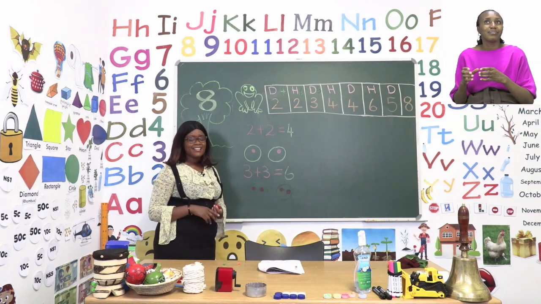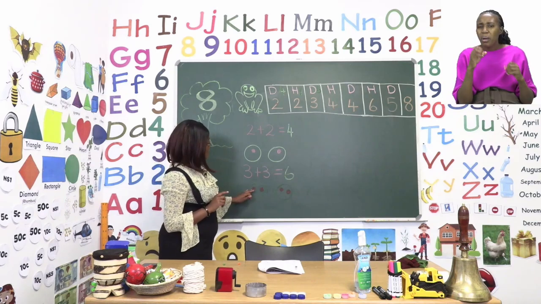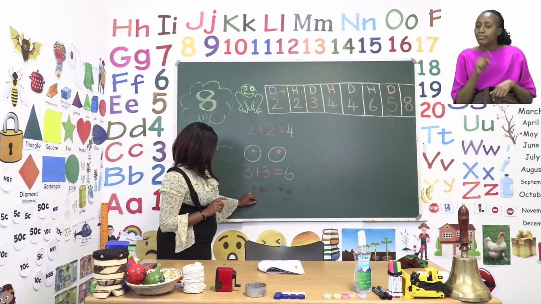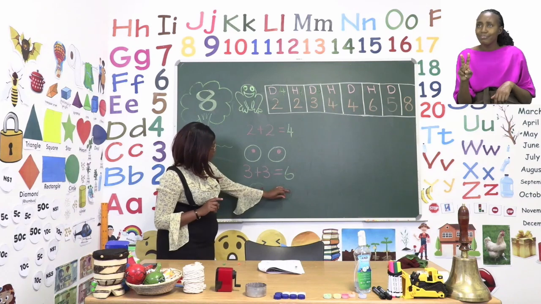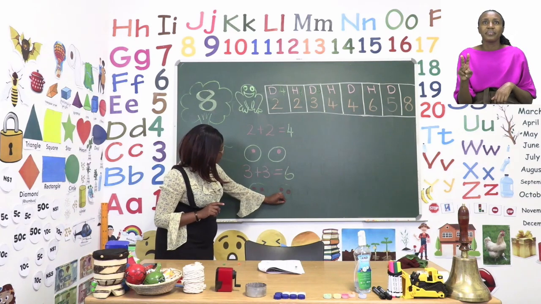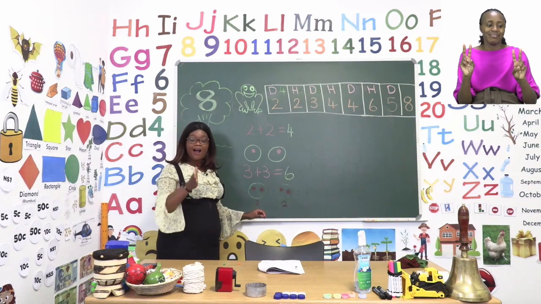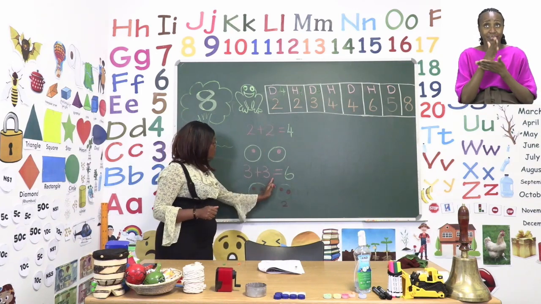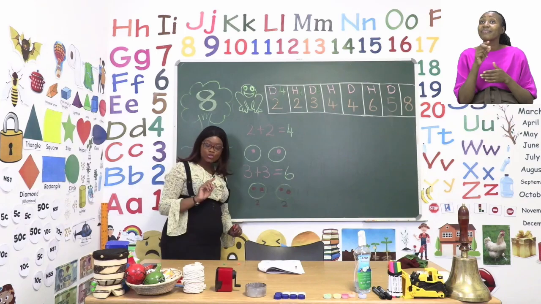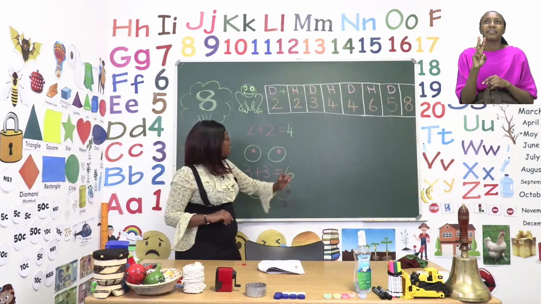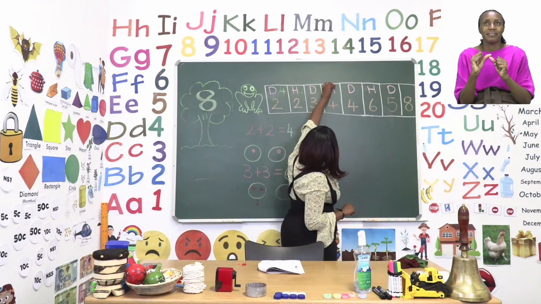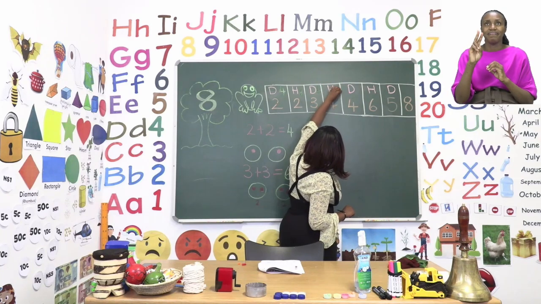Now we are done. Let's check what one friend has. 1, 2. This friend has 2. 1, 2. This friend also has 2. So we know that if we halve the number 4, we will get 2. So go ahead and write your number 2.